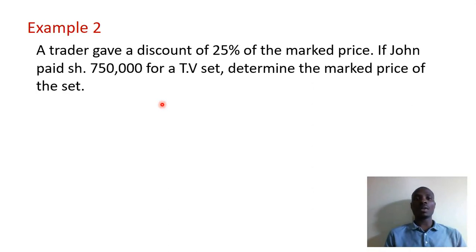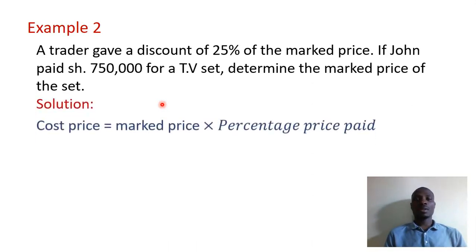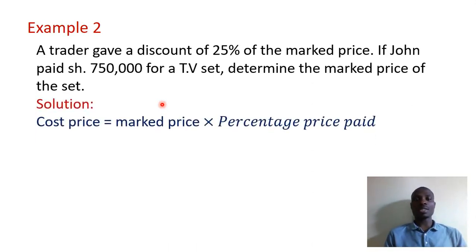So we shall use the formula that the cost price is the marked price times the percentage price paid. Not the percentage discount, but the percentage price paid, just like in the previous method 2.